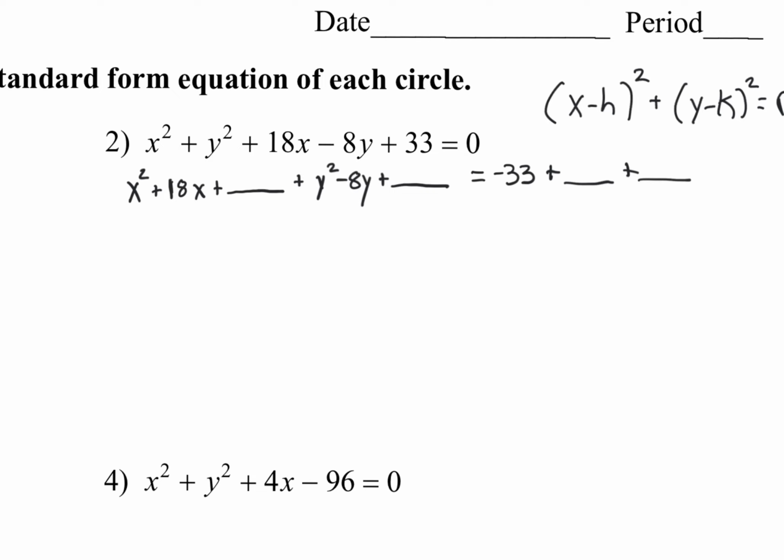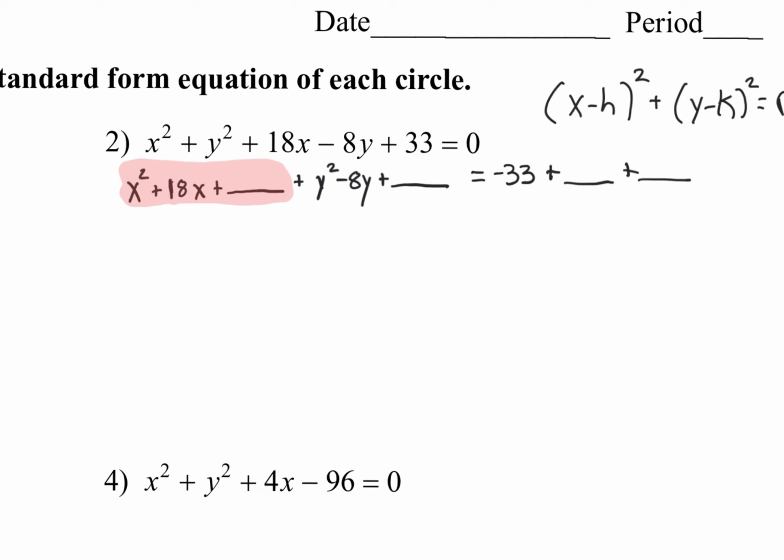Okay, so now let's figure out what we fill in those blanks with. So we're going to complete the square for the x. We're just going to be looking at this part right here, and we're going to go ahead and complete that square. So if you remember from last week, we looked at our b value, which in this case is 18. We took half of that, which is 9. And then we squared that, which is 81.